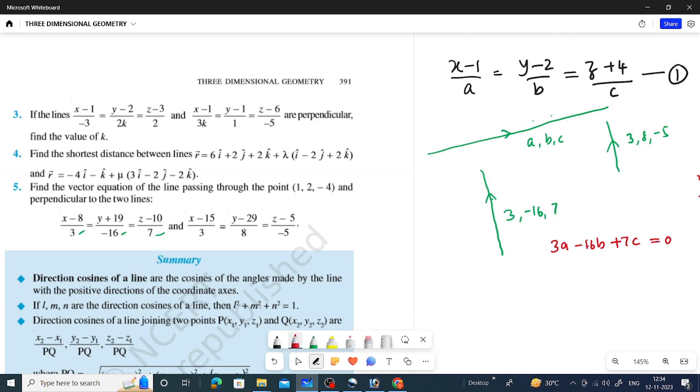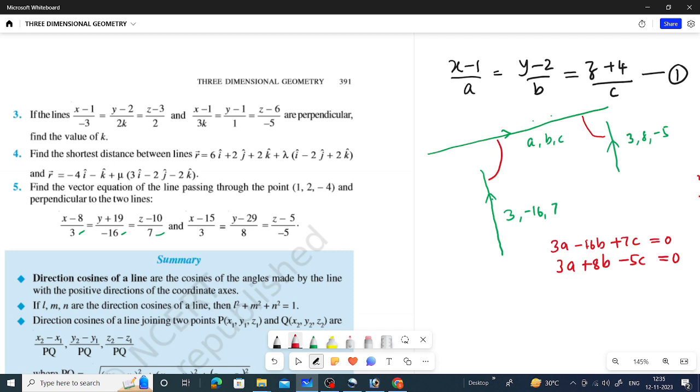So we consider these two, and while considering these two, they are also perpendicular. So it means that 3a + 8b - 5c = 0.